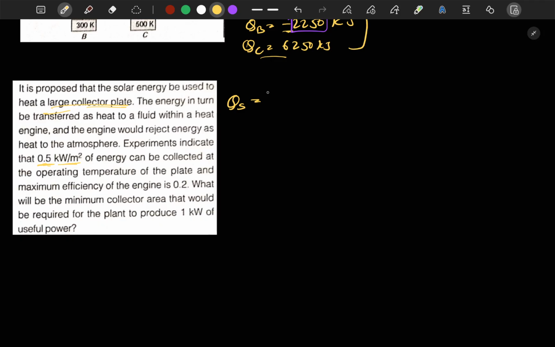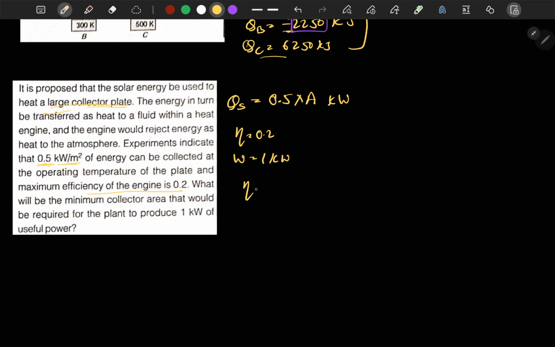So we can write QS is equal to 0.5 into A, where A is the area required of the collector plate. So 0.5 into A kilowatt will be the heat supplied. It is mentioned that the maximum efficiency of the engine is 0.2, and the power plant produces 1 kilowatt of useful power, so work is equal to 1 kilowatt.